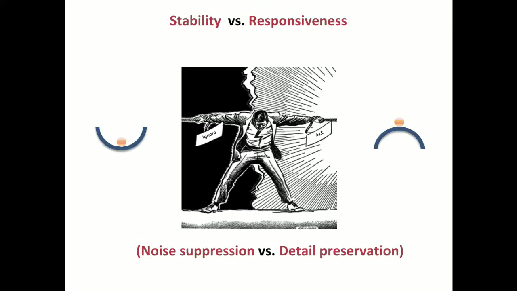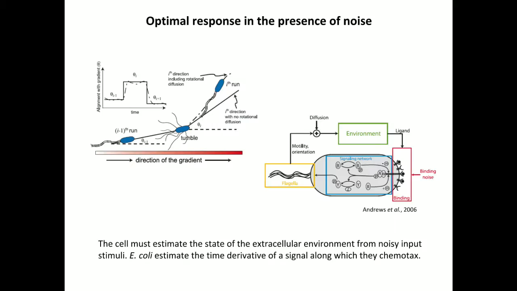So a biological system wants to do that too, right? It wants to remove the noise from the environment, but it wants to preserve important details. And indeed, there are examples of this in the literature.